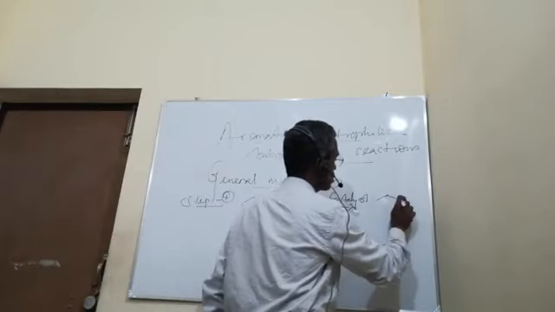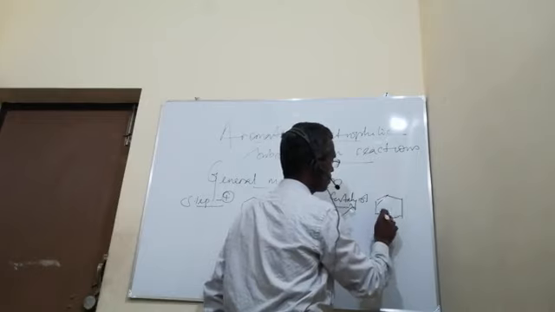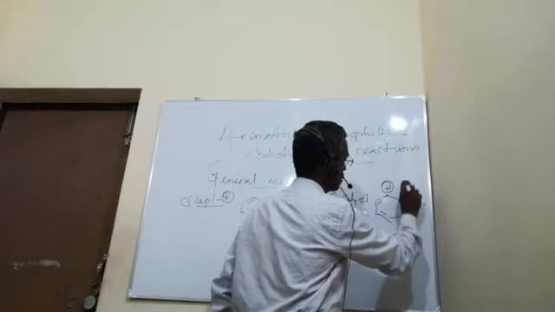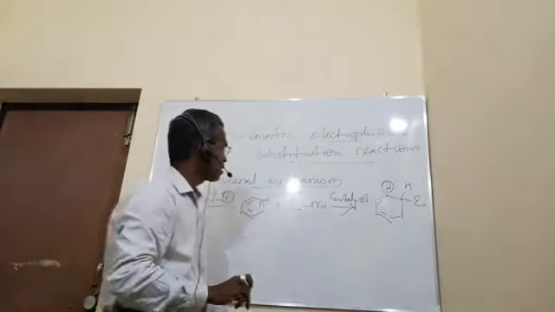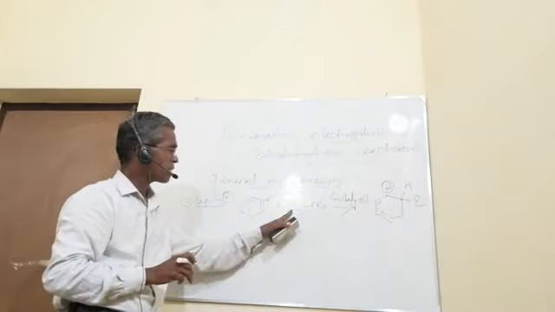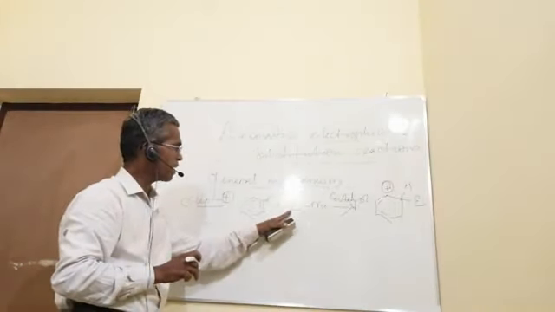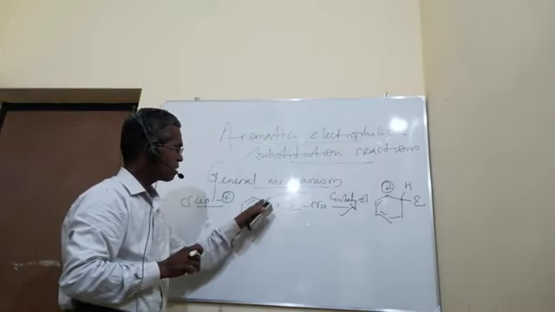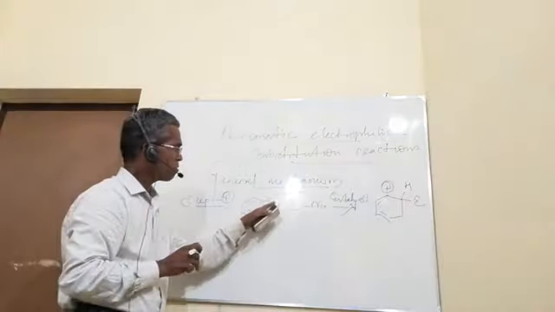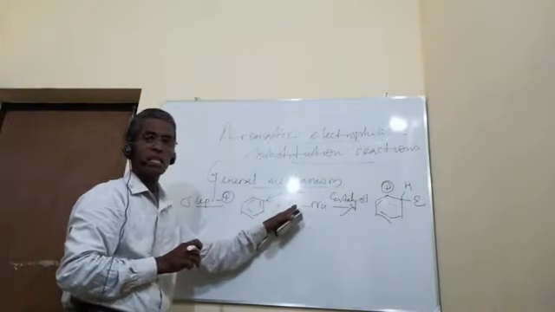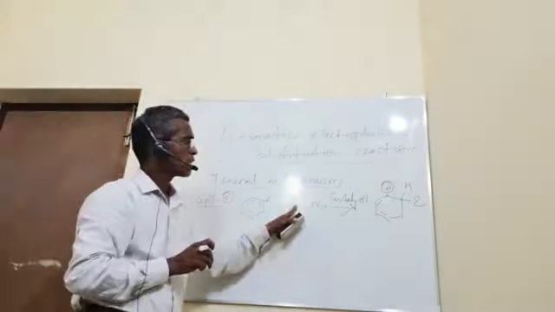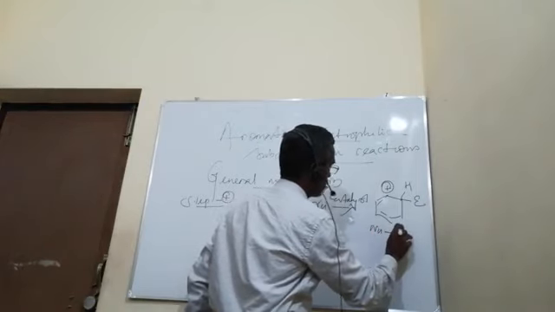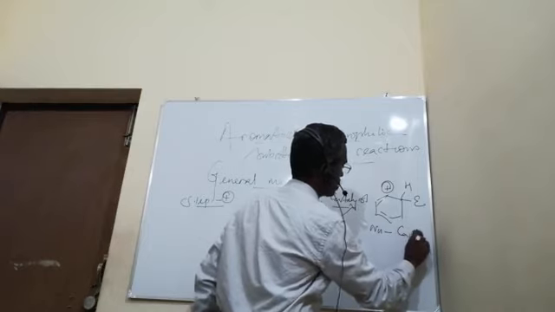As a result, we get E plus H. After substitution, the electrophile E plus removes one of the protons we have in benzene, taking that particular position. And finally we get, as usual, the catalyst, plus.